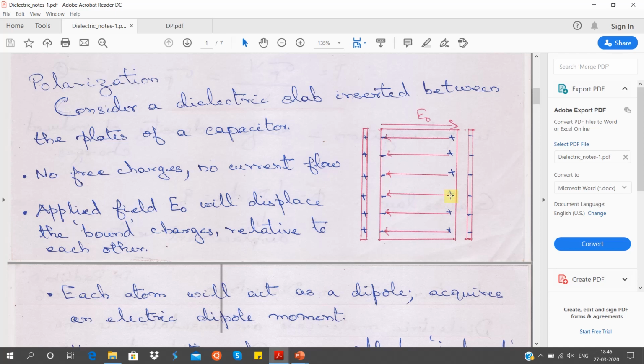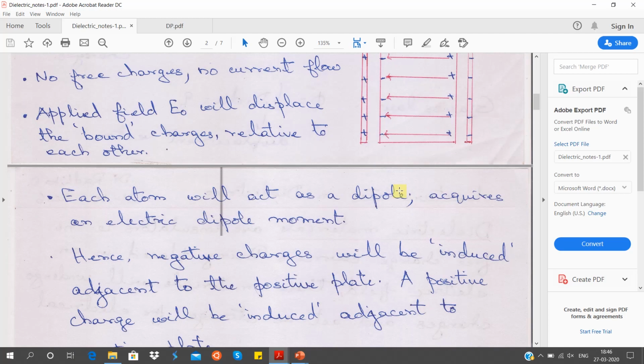That means the total charge increases. Total charge increasing means capacitance also increases, because remember, Q is equal to C into V. So this entire process in which we generated so many dipoles is called polarization, or dielectric polarization.